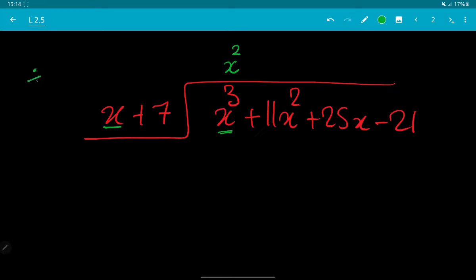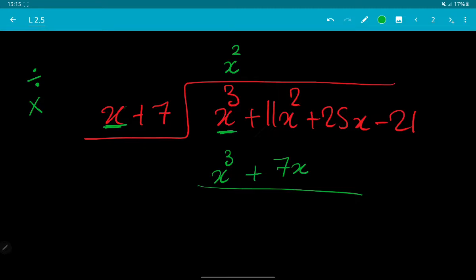After you divide, multiply the answer by x and 7, by both of them. You divided it only by x, but when you multiply, multiply by both of them, and write your answer here. Let's do it. X squared multiply x, it's x power 3. X squared multiply 7, this is 7x squared.